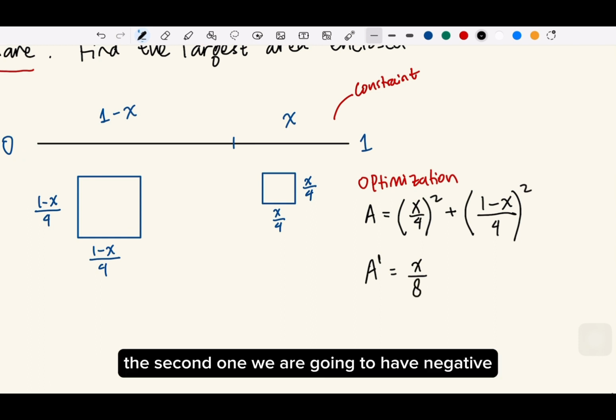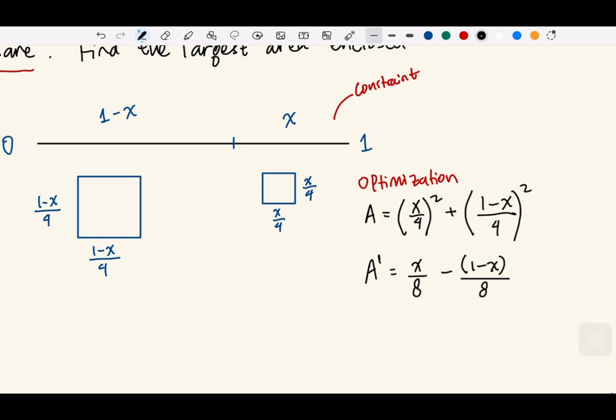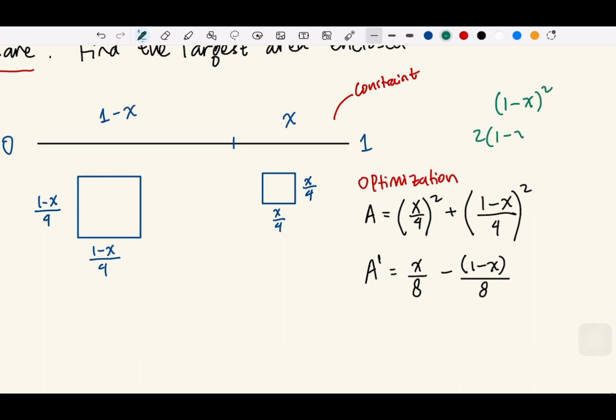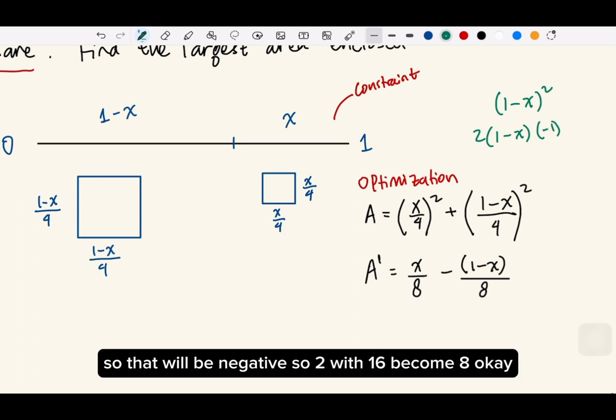The second one, we are going to have negative 1 minus x over 8. You can think of this from 1 minus x squared, and then we derive this and multiply with the negative, right? So that will be negative. So 2 with 16 becomes 8.